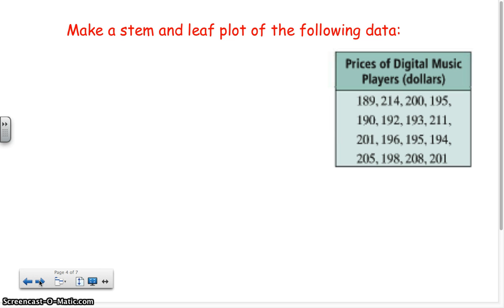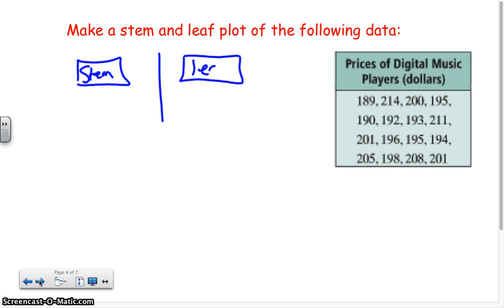Well, when I look at this, I realize, so I have a stem and I have a leaf. In my stem, I don't really have any expectations, but my leaf can only be 1 digit, okay? So you have to realize that the leaf can only have a 1 spot. So it looks like my stem is going to have 2 digits to it.